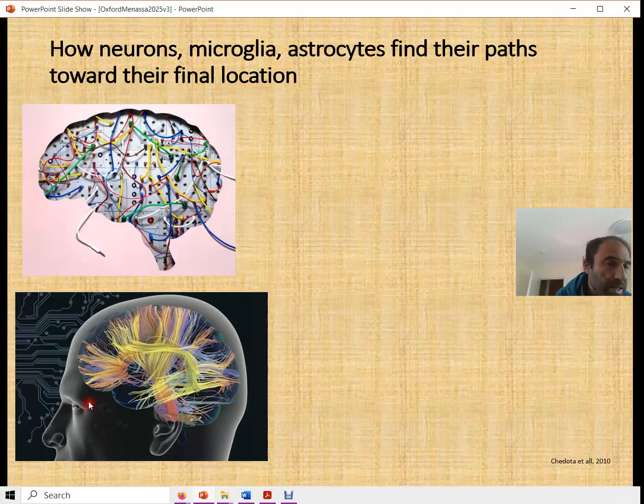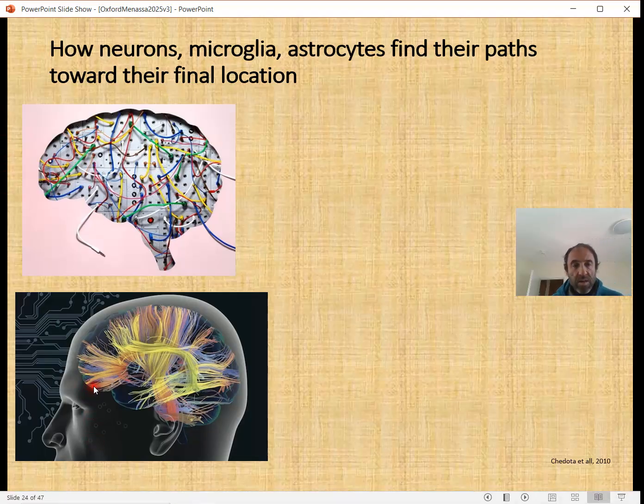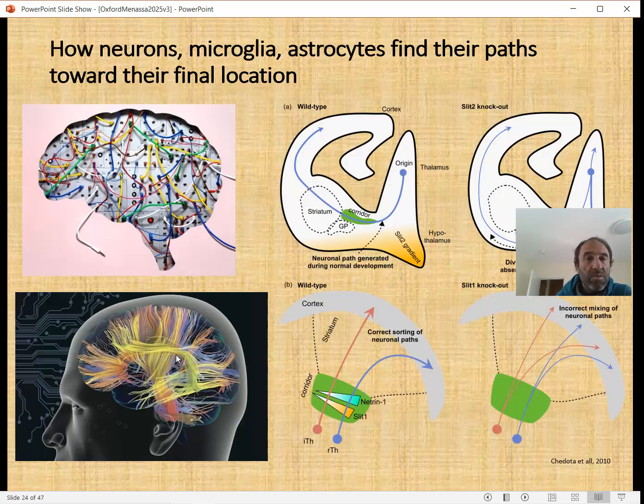Ultimately you can wire, let's say, from the retina to the lateral geniculus, and from this you can go up to V1. The general question that you would like to answer as a computational biologist is how, through the multiple morphogenetic gradients that you have in the brain, neurons find the target in such a complex environment.